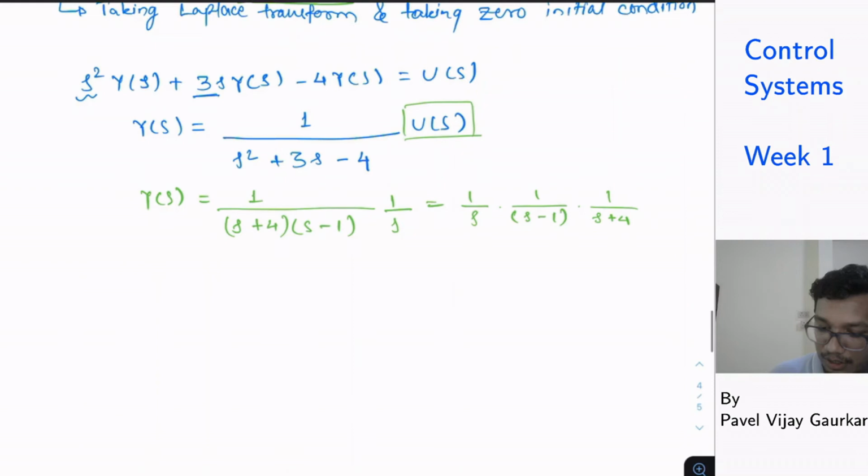So let's just multiply this numerator term. A into s square plus 4 into a into s plus b into s square minus a into s minus b into s minus 4 into a plus c s square plus 4 into c.